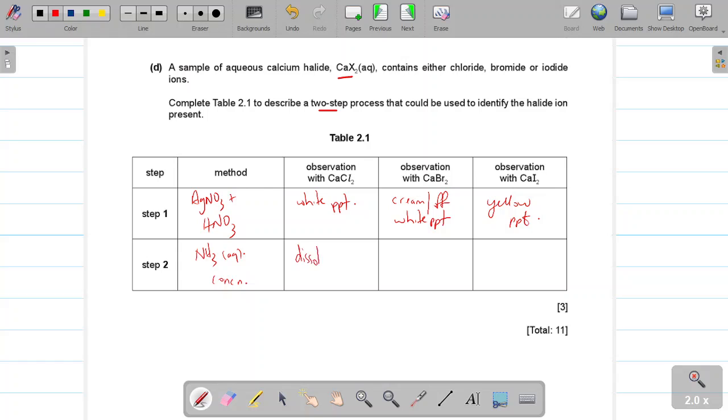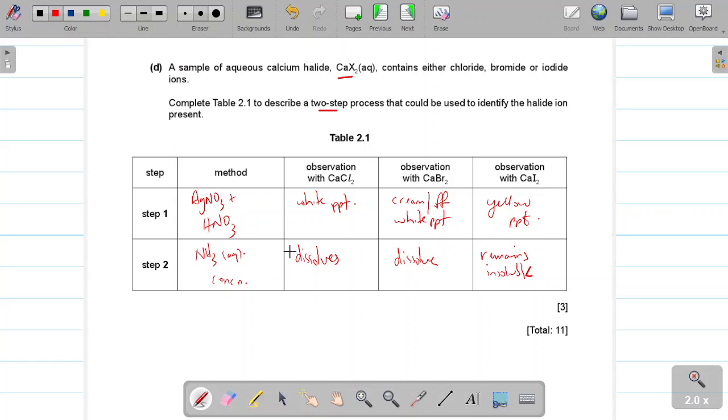So if it's chloride, the white precipitate will dissolve. If it's bromide, the precipitate will also dissolve in concentrated ammonia solution. And for the iodide, the precipitate remains insoluble, or you can say it does not dissolve. And this is true for dilute or concentrated ammonia solution.